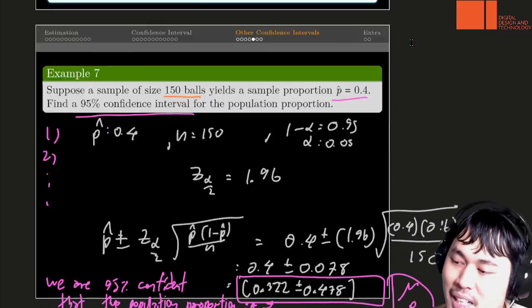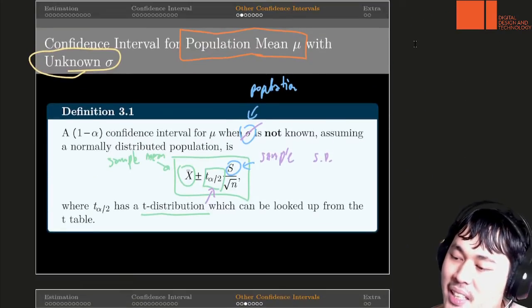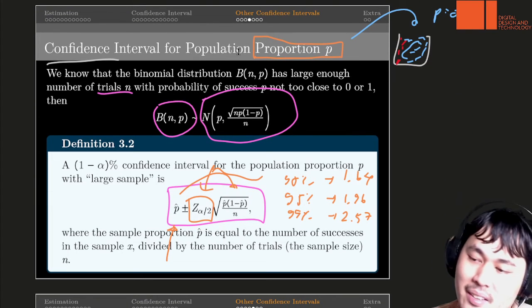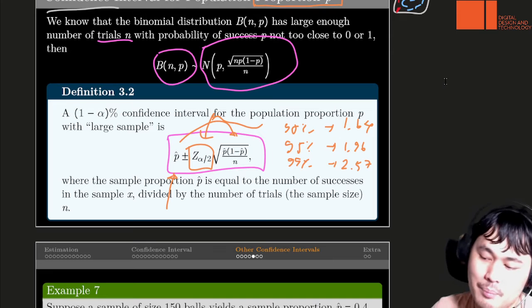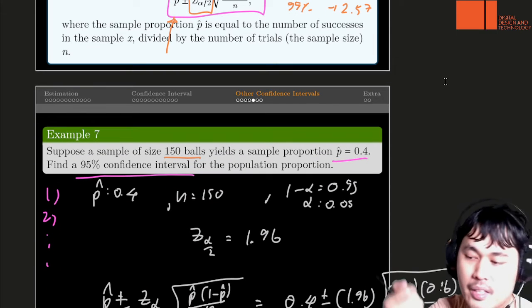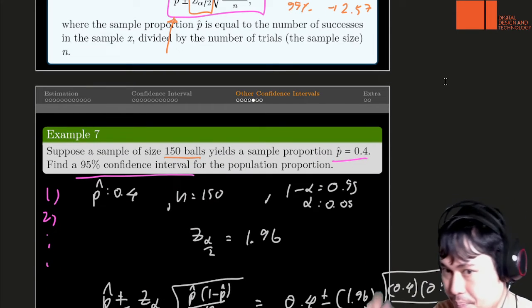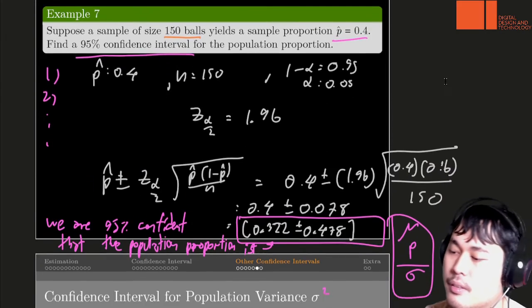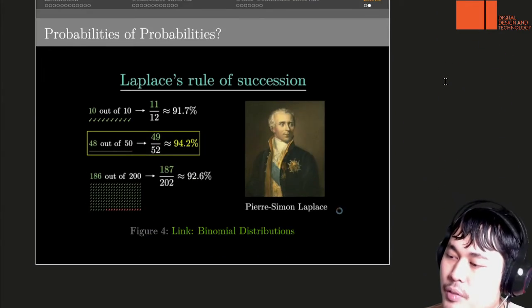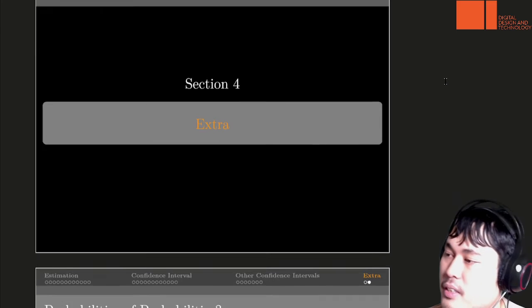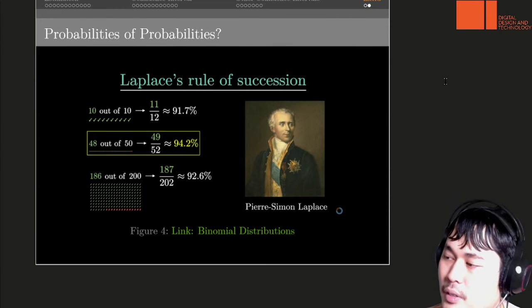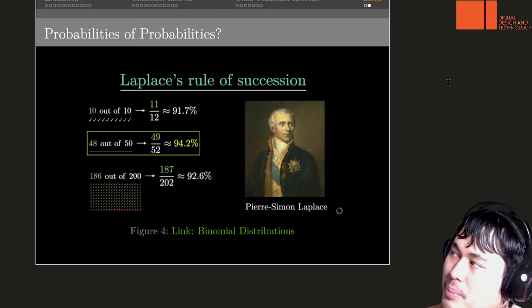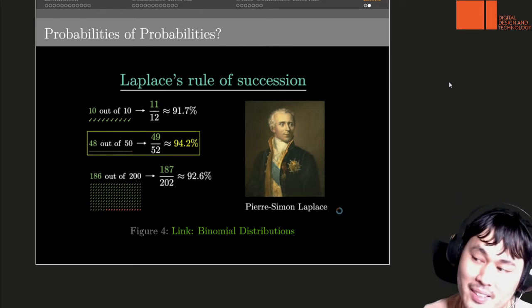And this discusses the meaning behind the confidence interval for the proportion. Like we have some proportion. We take some samples and we find the interval that we believe it is. But if you translate that into some specific types of problems, it is like asking for the probabilities of probabilities.